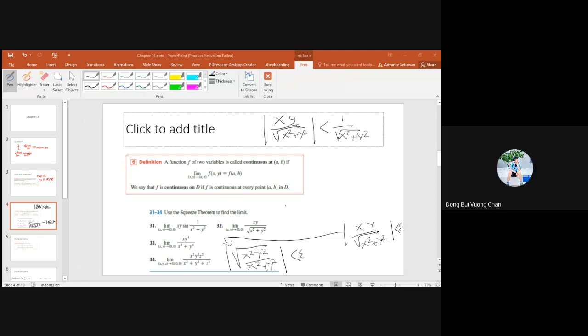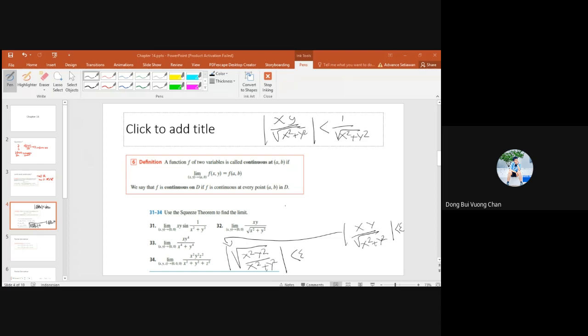So I'm thinking, when using Cauchy, x squared plus y squared will be bigger than or equal to 2xy, right? And when we put them into the denominator, then 1 over x squared plus y squared will be less than or equal to 1 over 2xy.